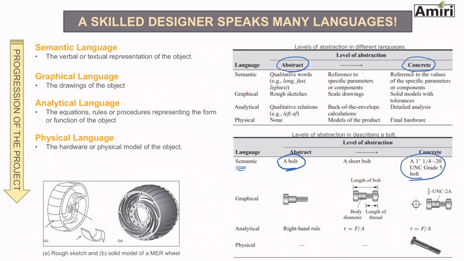In analytical language, you explain equations and governing equations and concepts and principles that go with it. In physical language, you can't really be abstract. You can't have an abstract physical language. You can buy, build, or make that part and show it. So there are different levels of abstraction and different types of languages, and you have been using these without knowing that's called semantic language. The name really doesn't matter much as long as you're able to use it.